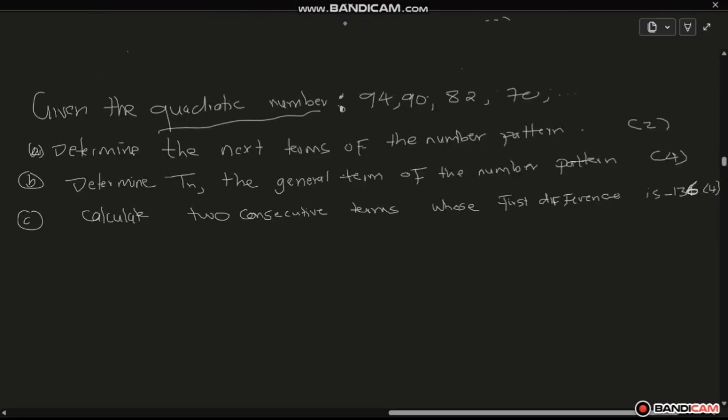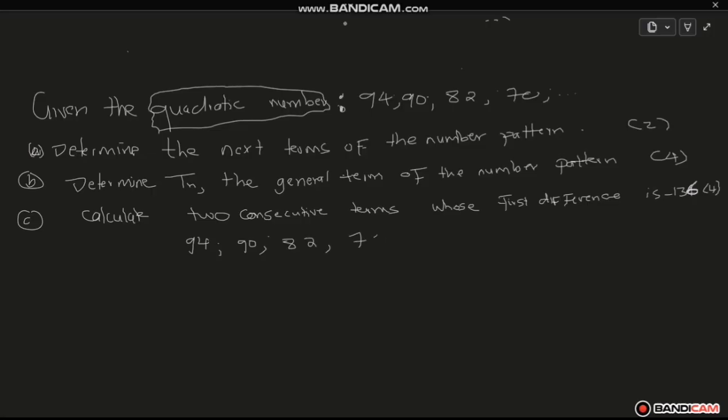Okay, now let's say we are given a quadratic number pattern as 94, 90, 82, 70. Then we know that we have first difference, 90 minus 94, T2 minus T1.